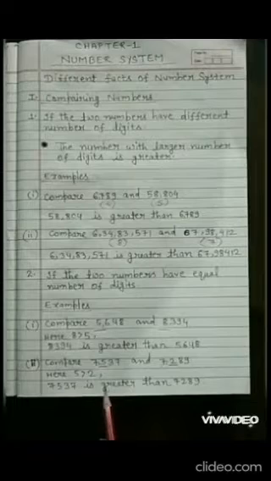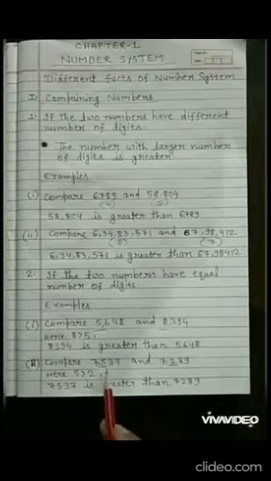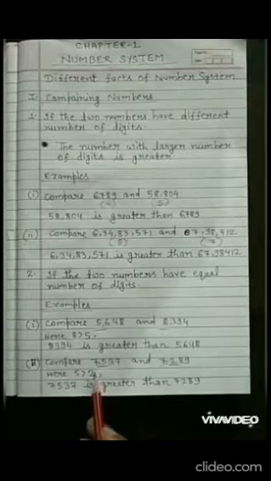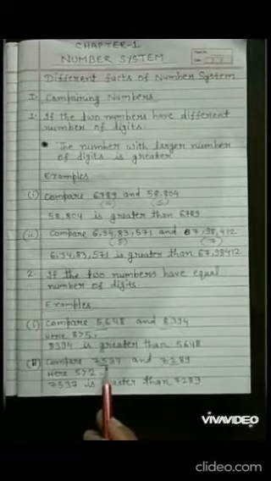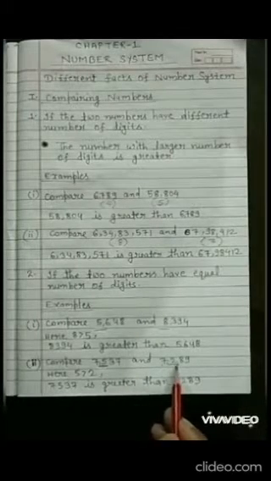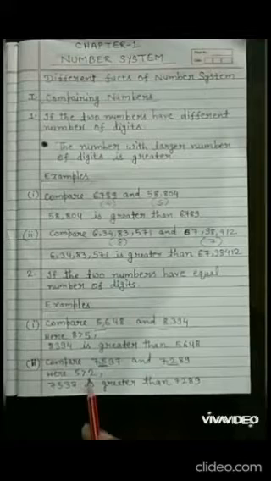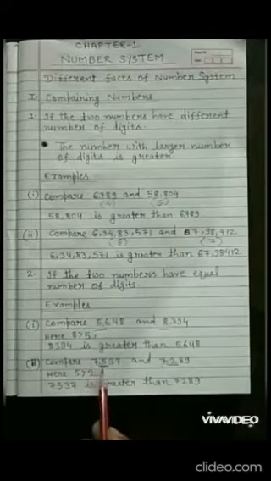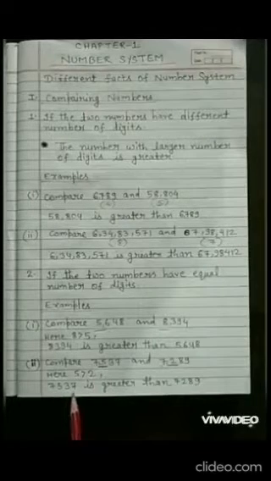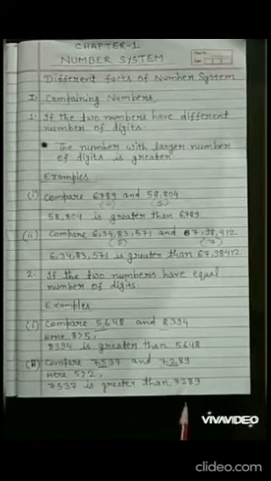After that we compare the second digit from left of both the numbers. Here the second digit from the left is 5 and here the second digit from the left is 2. Now 5 is greater than 2, and 5 is in this number, so this number, that is 7,537, is greater than 7,289. Clear?